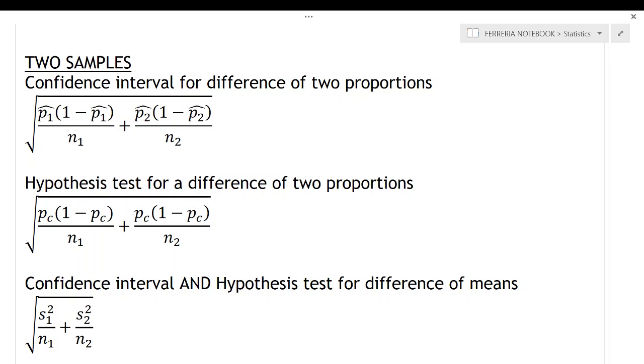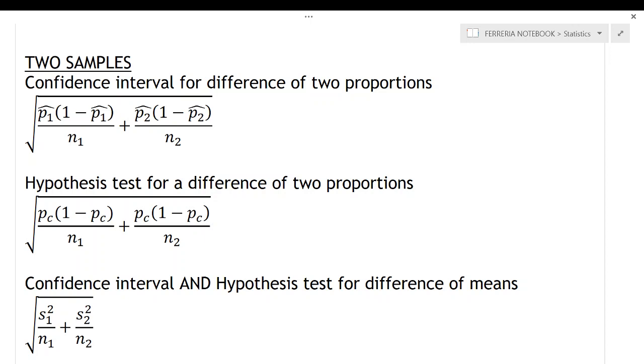Okay, here are the standard errors for two samples. Just like before, you're going to notice that with proportions, you have a different one when you're using a confidence interval as opposed to a hypothesis test.